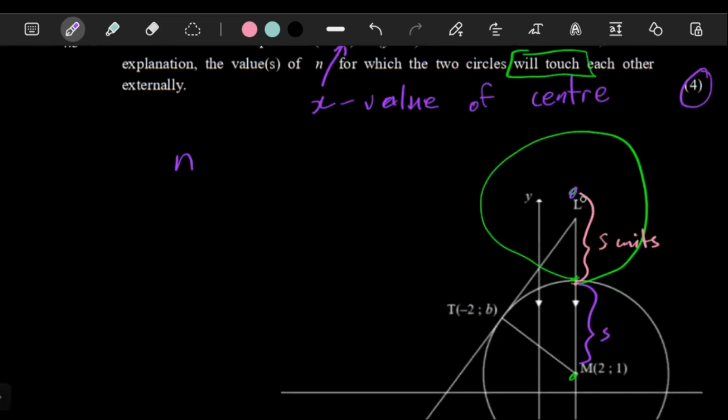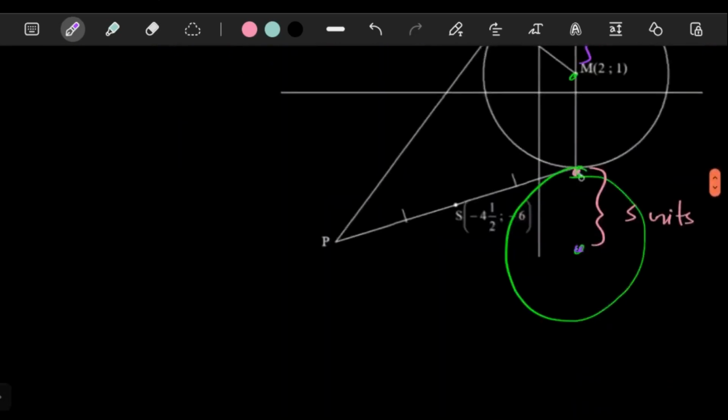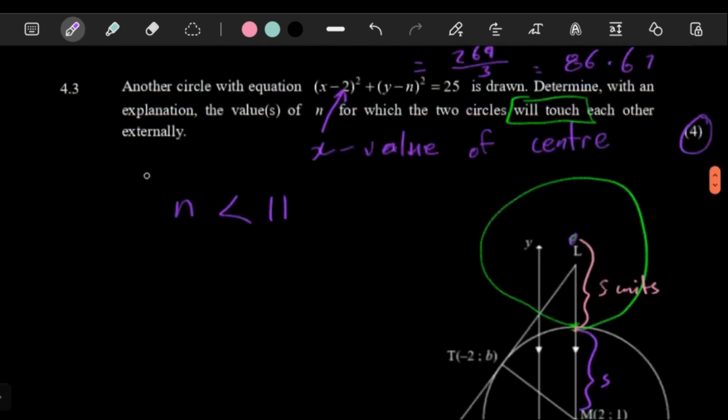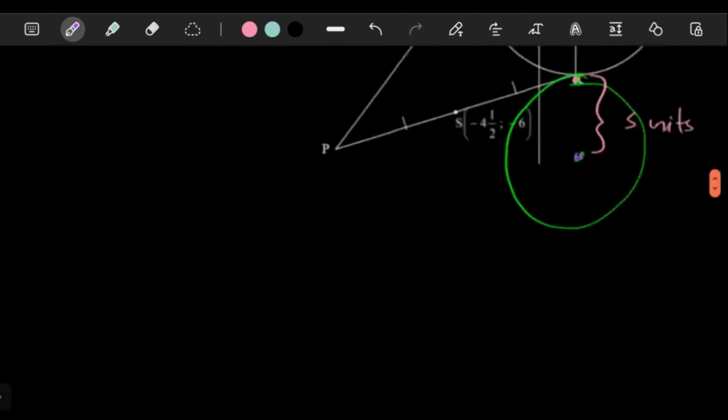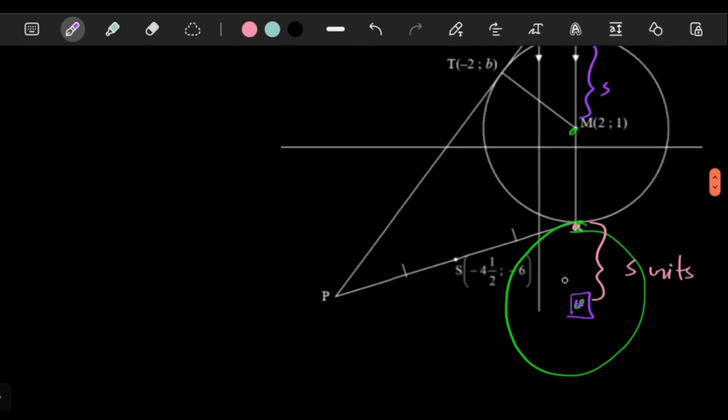But then we can see that for these circles to also be touching, the y value needs to be below 11. The y value needs to be below 11, but then once you reach the other side here, the y value needs to be above a certain number, or smaller or equal to 11. And when your circle is all the way down here, the y value should not go below this y value. To determine this y value, you see the y value here is a 5.